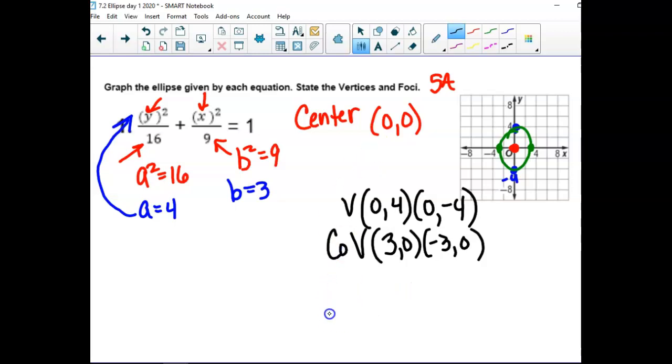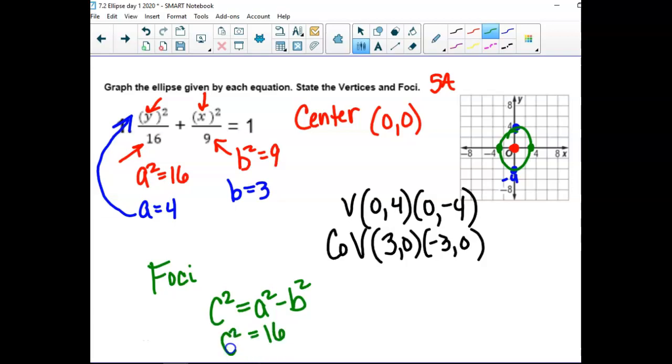And the last thing we have to find are the foci. The foci should be on that major axis. The distance they are out is C, and C squared equals A squared minus B squared. So what numbers are we putting in there? 16 minus 9, which is 7 on a good day.